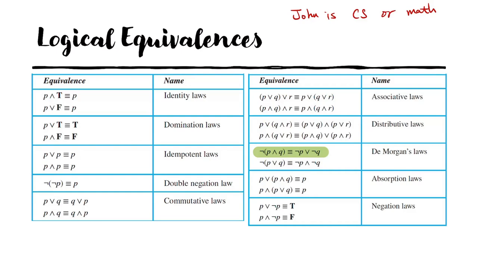The only way to contradict this statement is John is not a CS major and he's not a math major. So you need the and relation here to contradict the or relation here.